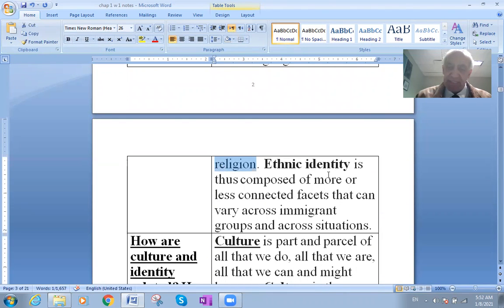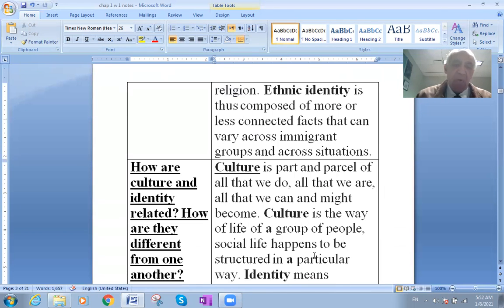Ethnic identity is thus composed of more or less connected facts that can vary across immigrant groups and across situations. So those are the characteristics which are together in one group and distinguish them from other groups. It's not in the other groups as well.